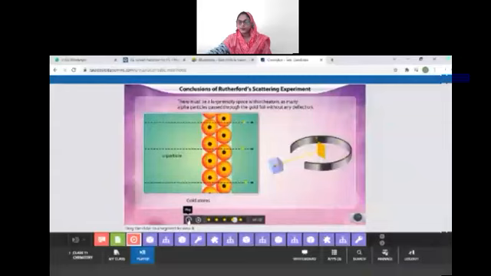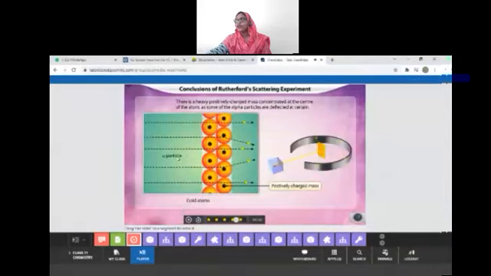The next observation. Some alpha particles are deflected to certain angles, which means there is a heavy, positively charged mass present in the atom. See here, a very few alpha particles are getting deflected. Why do they get deflected?